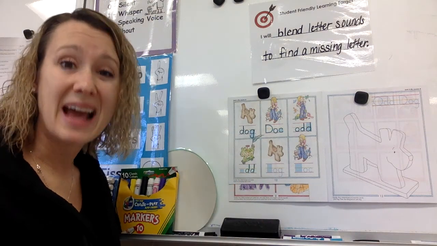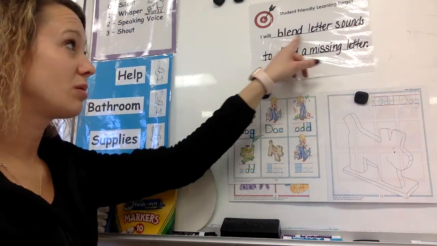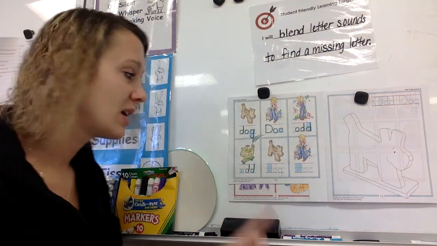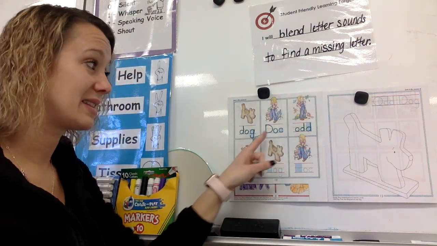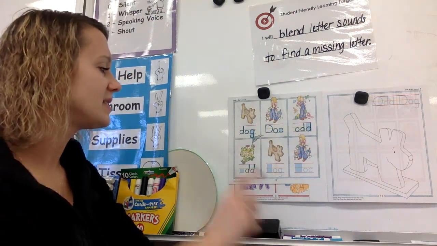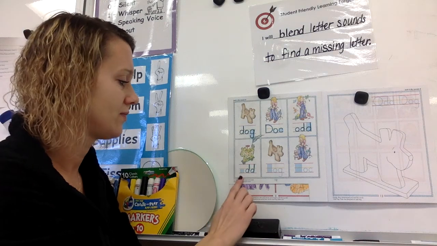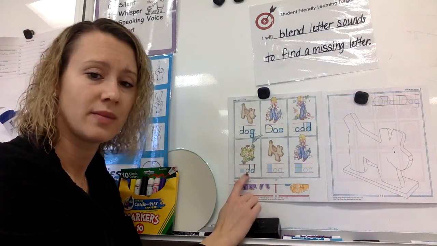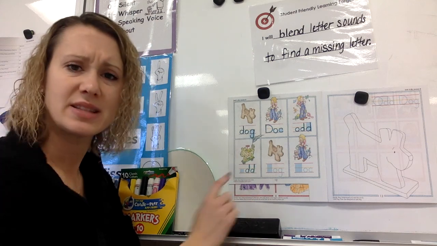We are doing exactly what our learning target says. We're blending letter sounds, saying the letter sounds to find the missing letter, right? But this time, this one's at the beginning. It's not at the end. Ooh, tricky. We can do it. So if this dog looks odd, let's sound it out. Ready? Go. Odd. What letter's missing at the beginning?